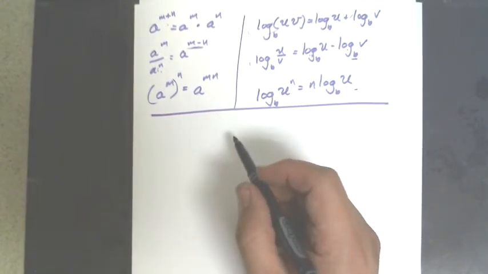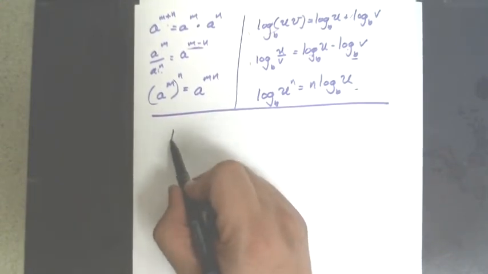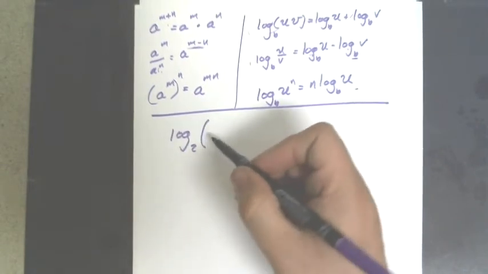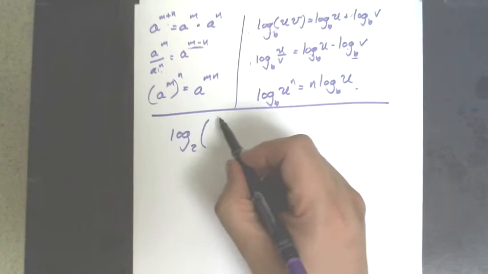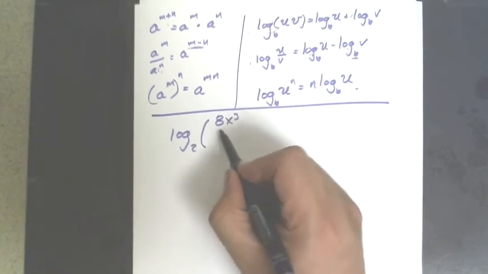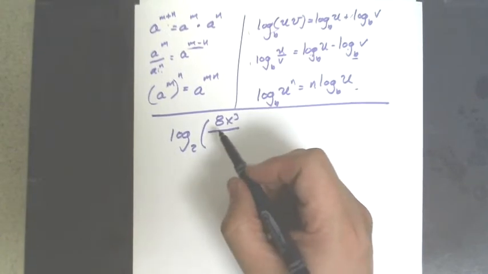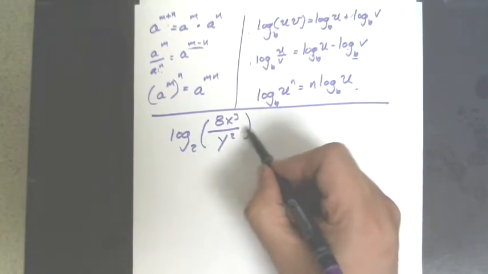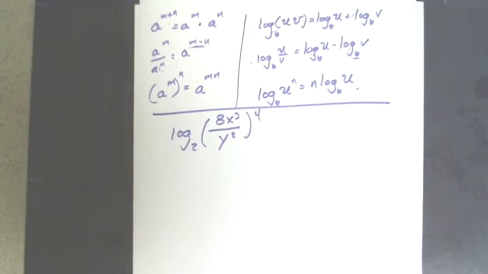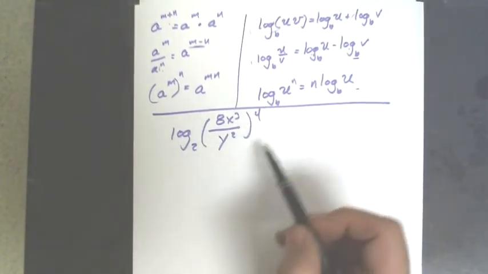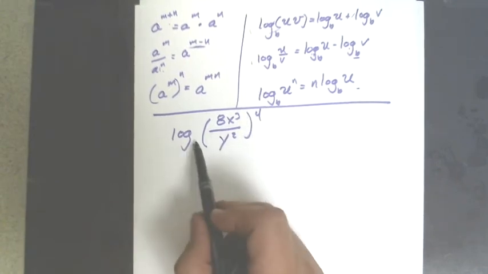So, when we're told that we have the log base 2 of this large complex statement, 8x to the third over y squared, all to the fourth, we can use these properties to break this down. Now, fundamentally, this is the log.